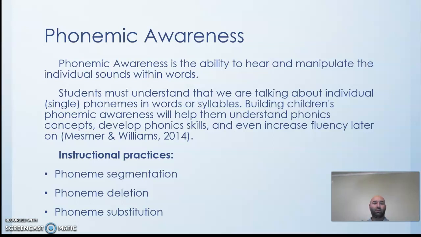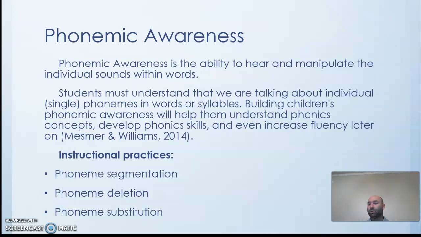Listed are 3 different practices: phoneme segmentation, phoneme deletion, phoneme substitution. Segmentation would be to break down all the sounds of a word. So if we were starting with the basic words, so we said dog, we would be looking at d, o, g.